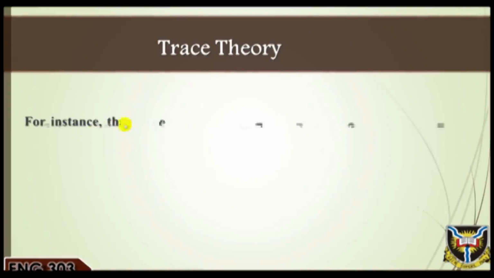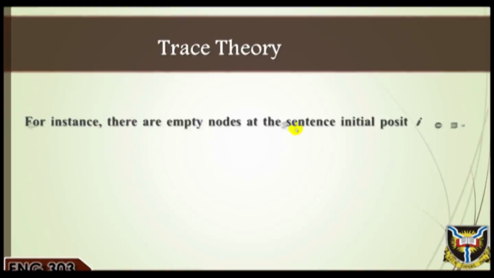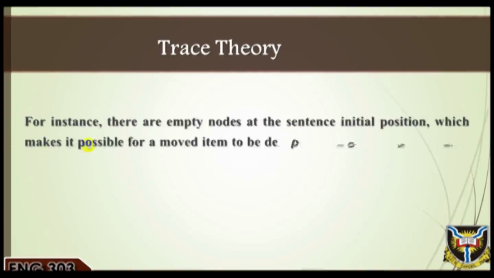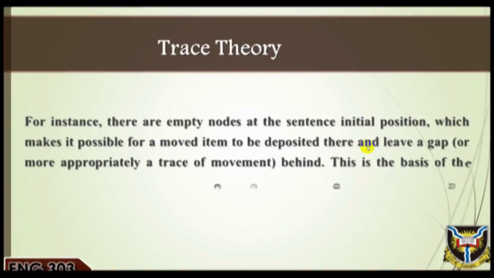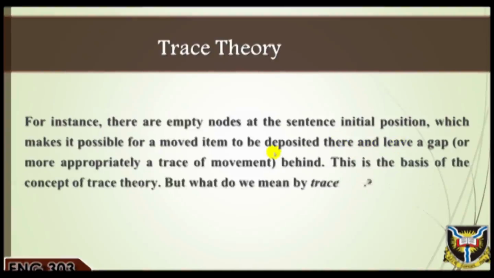For instance, there are empty nodes at the sentence initial position, which makes it possible for a moved item to be deposited there and leave a gap, or more appropriately, a trace of movement behind. This is the basis of the concept of trace theory.